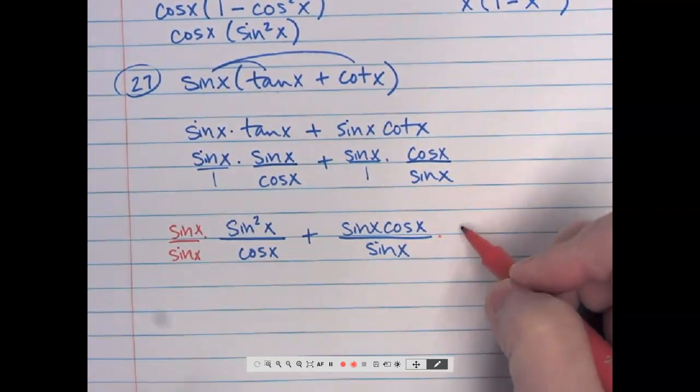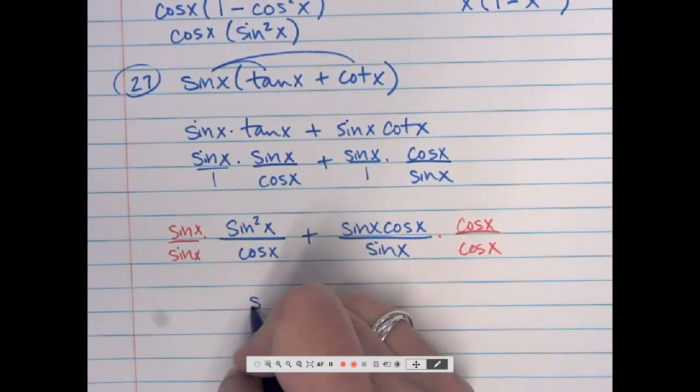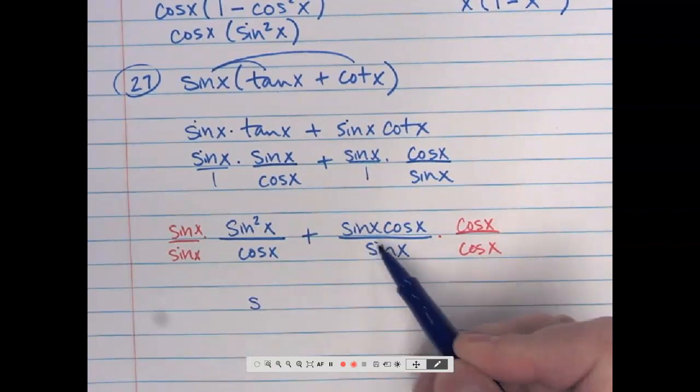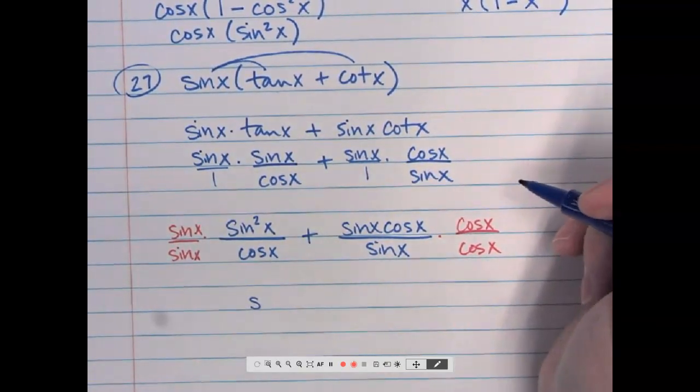And the second fraction would need to be multiplied by cosine over cosine. What is sine times sine squared? Sine cubed. Right here. I could, with that, you know what, that might be faster. You gonna do that?